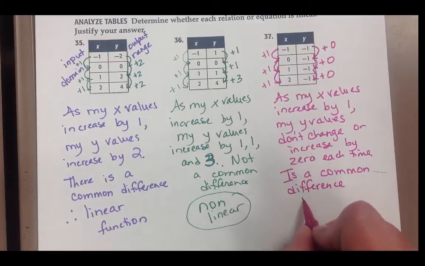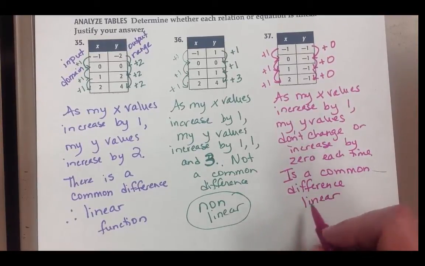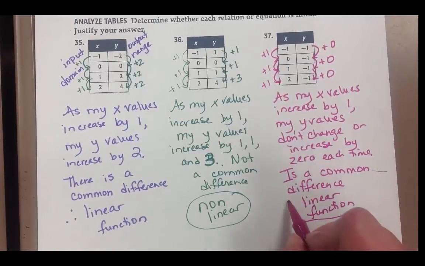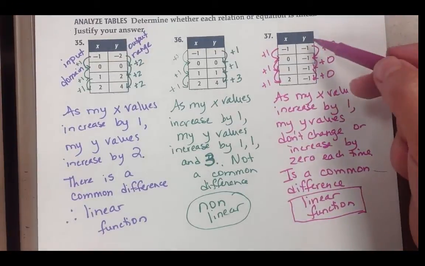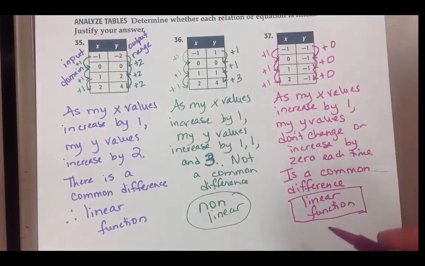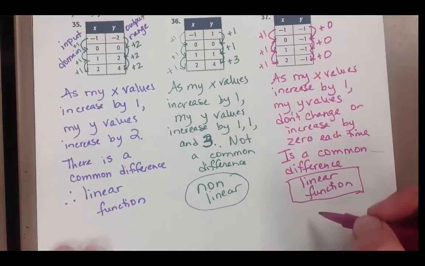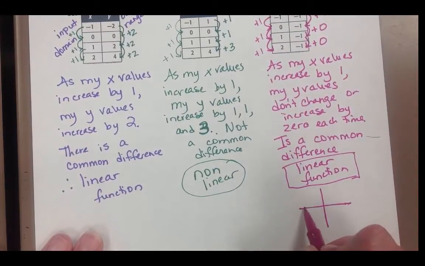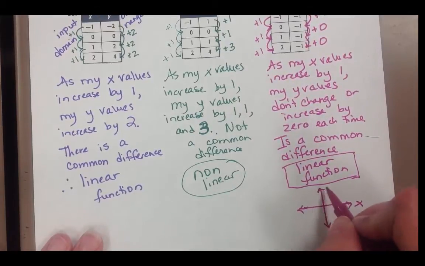So this is linear. And just as a side note, it's a linear function when you have all of the same outputs for all of your inputs, and we're just looking at it, let me just slide up a little bit so you can see this. If I just draw a real quick coordinate plane, here's my x-axis and my y-axis.